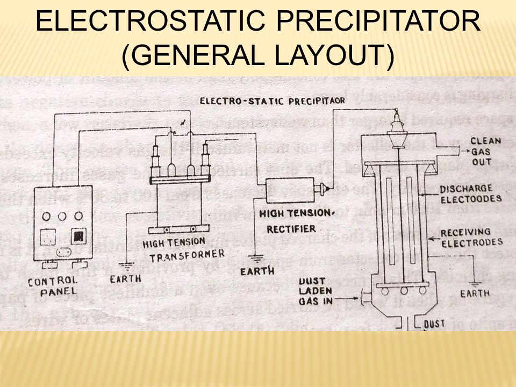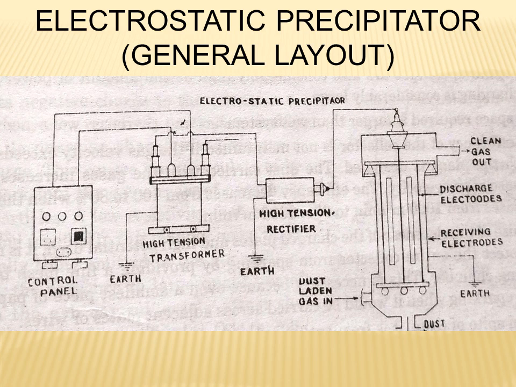The ionized gas is further passed through the collecting unit, which consists of a set of vertical metal plates. Alternate plates are positively charged and earthed. As the alternate plates are grounded, the high intensity electrostatic field exerts a force on the charged dust particles and drives them towards the grounded plates.